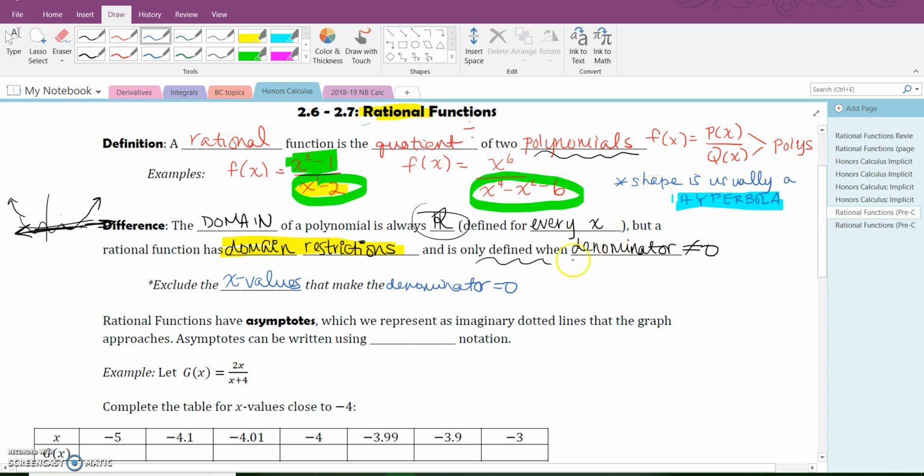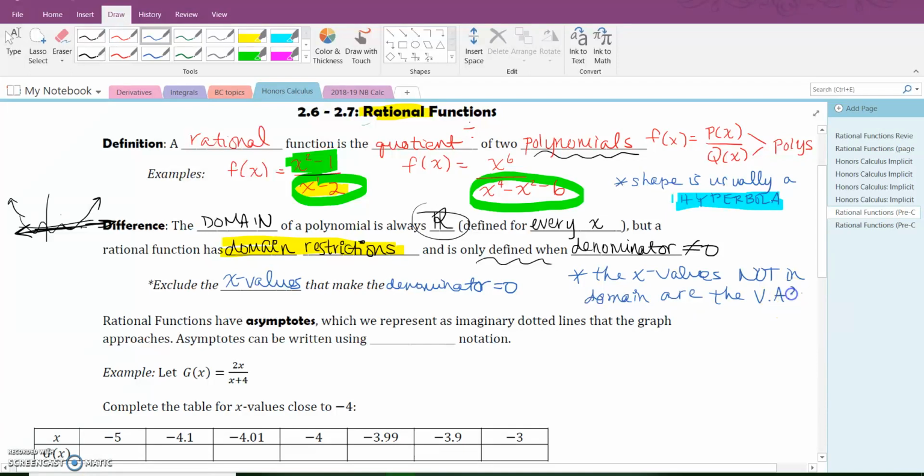So make sure you're writing this down with me as I go. And the x values that are not in the domain, all those x values that do not work, those are going to end up being your vertical asymptotes.